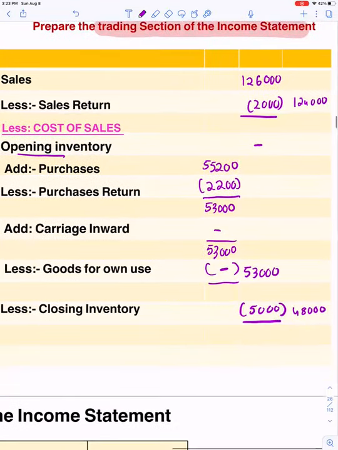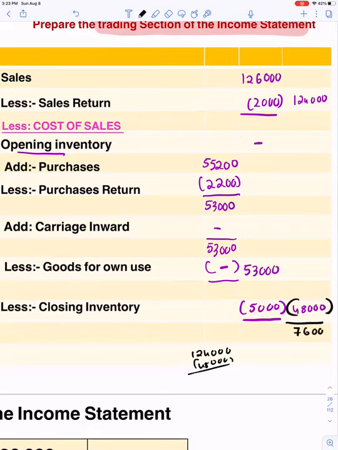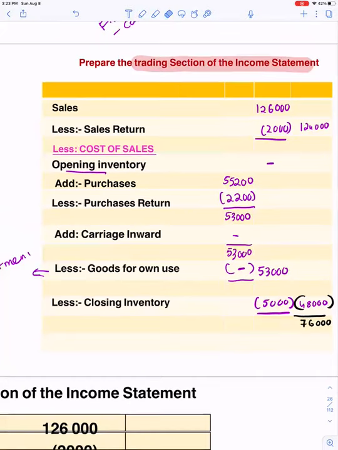Now remember, this is your revenue. This is your cost of sales. From the revenue, 1,24,000, when you subtract the cost of sales, 48,000, you will put it in brackets. You will get your gross profit, which is 76,000. So revenue less the cost of sales would give you your gross profit.